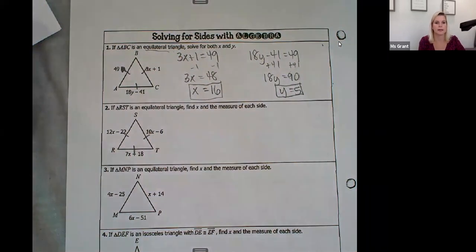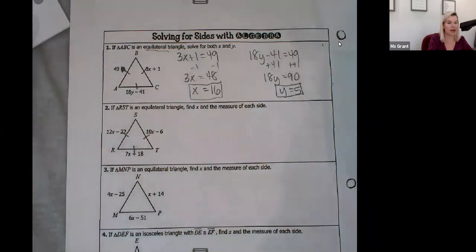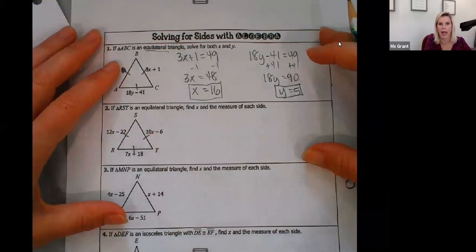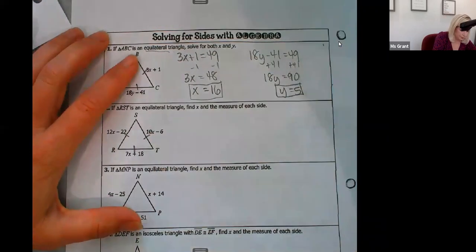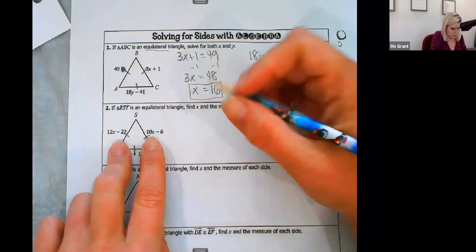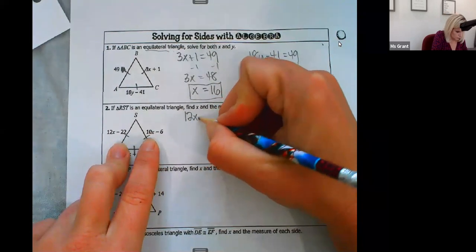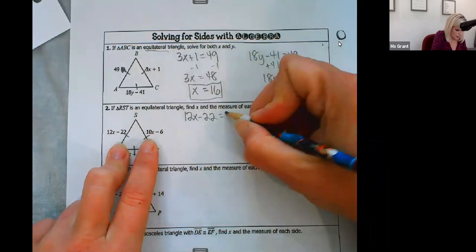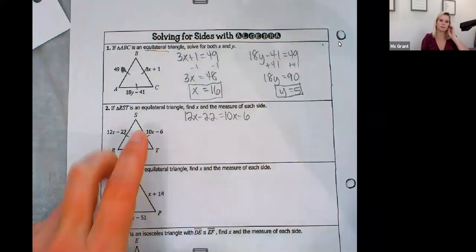And they all have a variable of X. So I can set any of them equal to each other. It doesn't matter. Set any of them equal to each other to solve for x. How about these two up here? 12x minus 22 equals 10x minus 6.